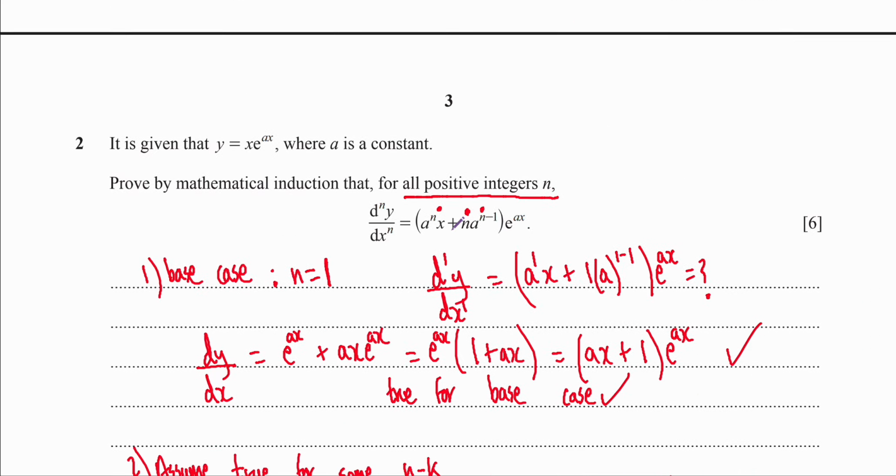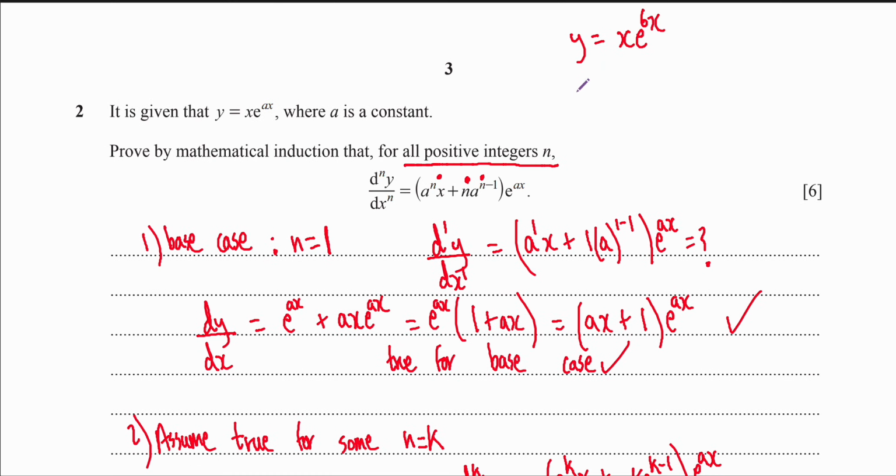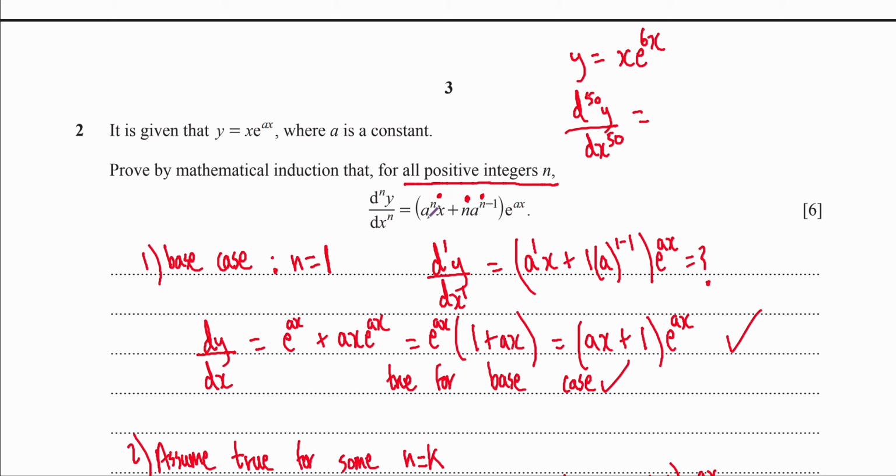That's it. So a could be anything I want. If I had y equal to x e to the power 6x, well, now I know what the 50th derivative of that is. So d50 y by dx to the power 50 is going to be, well, instead of a, we put our number 6, and instead of n, we put 50.